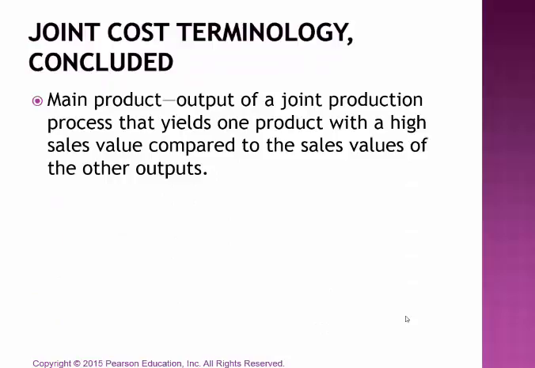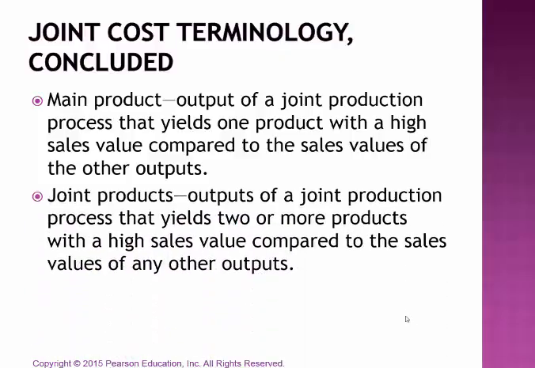We have terminology in regards to a main product, which is output of a joint production process that yields one product with a high sales value, our main product, compared to the sales values of the other outputs from the process.